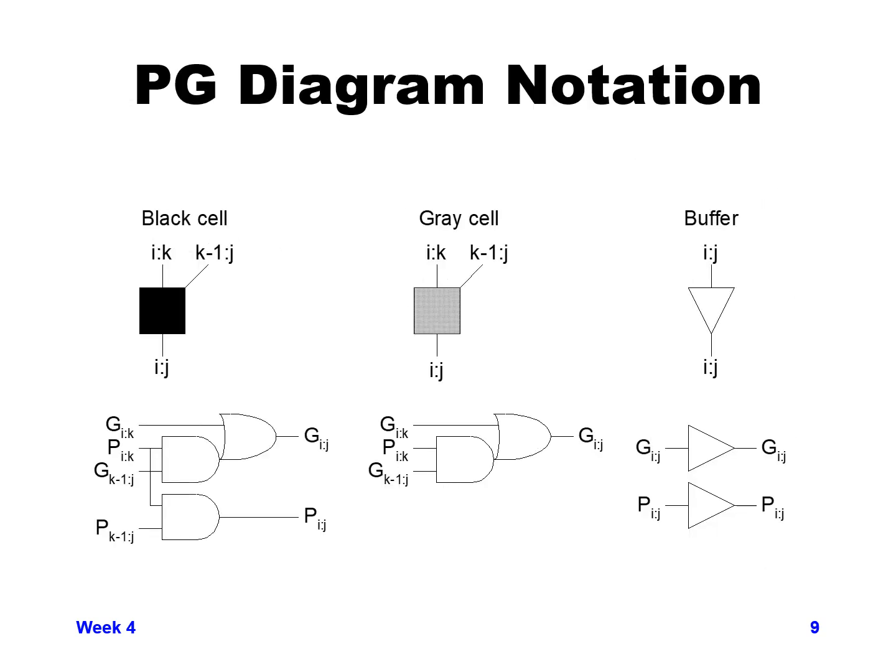Before we go on to the next foils, I just want to make a short comment on some of the notation that we'll be using going forward. We're going to be looking at diagrams that have a couple different types of cells in them. A fully black cell has generate and propagate coming in, and produces a generate and propagate going out.